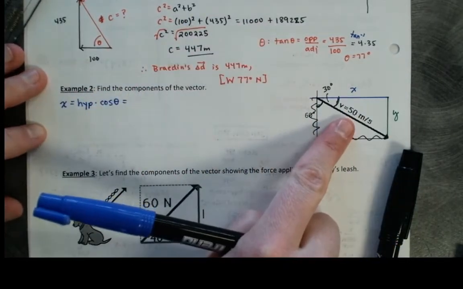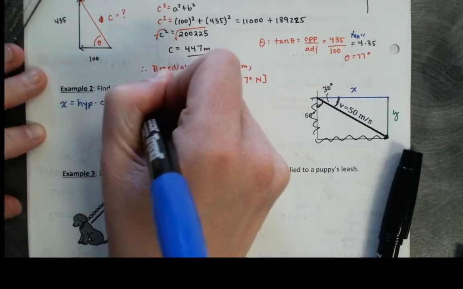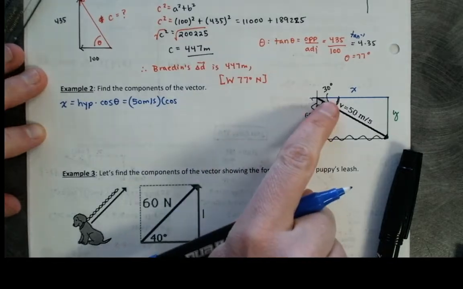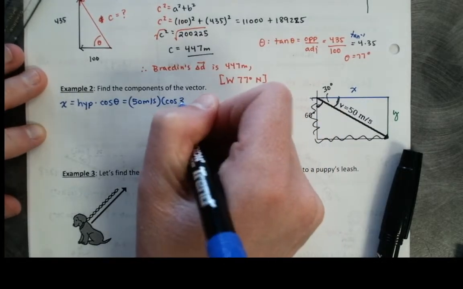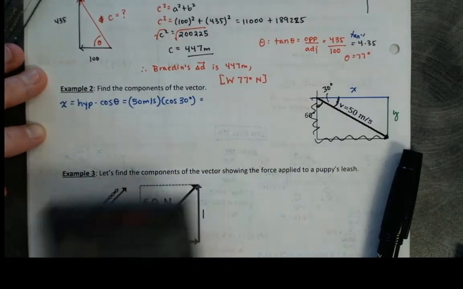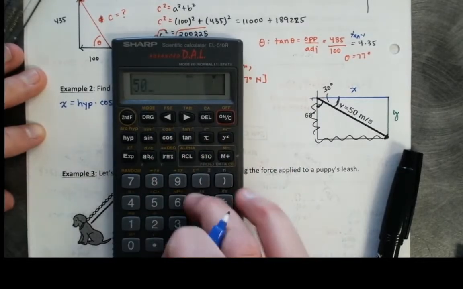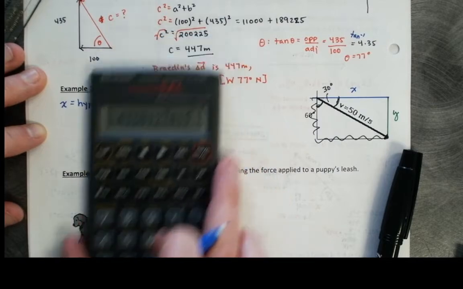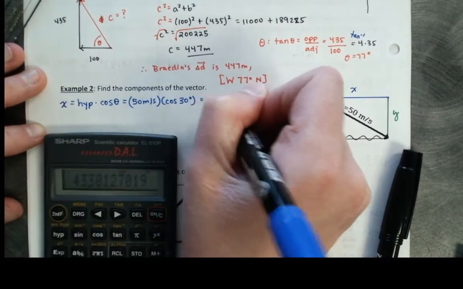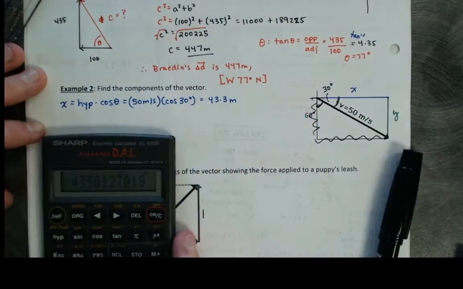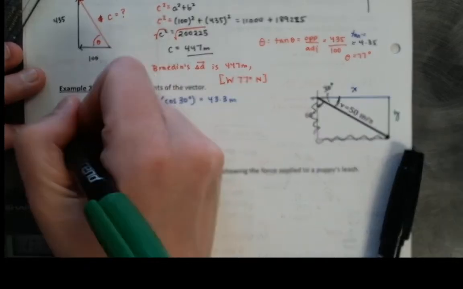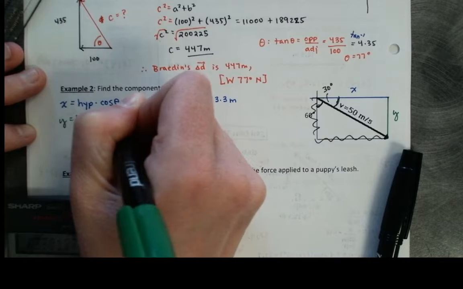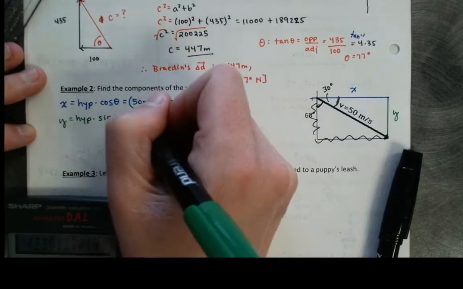All right, finding x. Remember, hypotenuse times cosine of the angle. This is on your formula sheet, okay? Hypotenuse in this case is 50. Cosine, our new angle, is 30 degrees. 50 times cosine 30 gives us 43.3. That's our x. For y, again, this is on your formula sheet. It's our hypotenuse times sine of the angle.